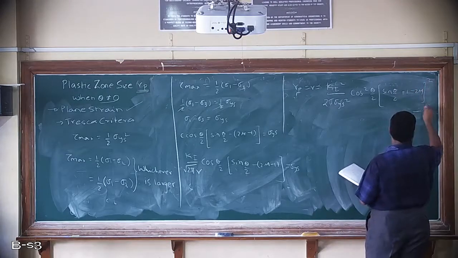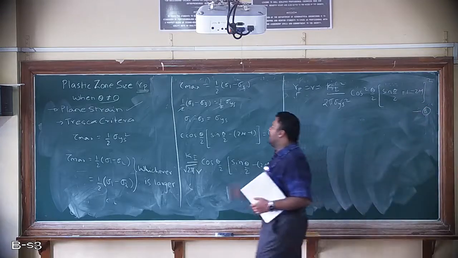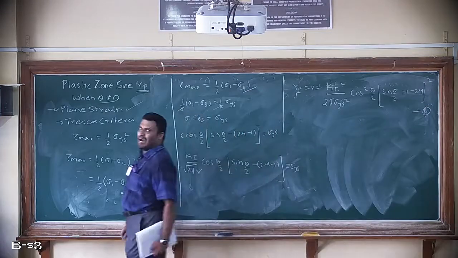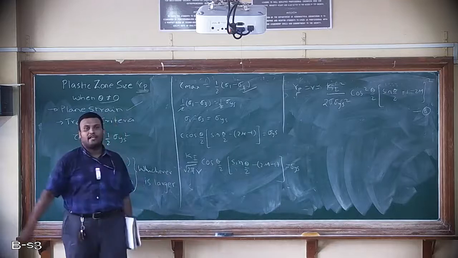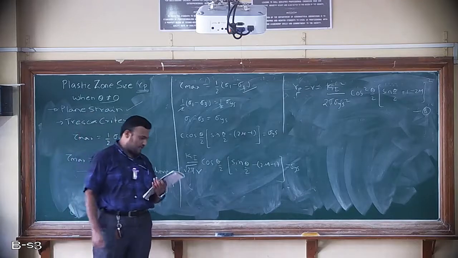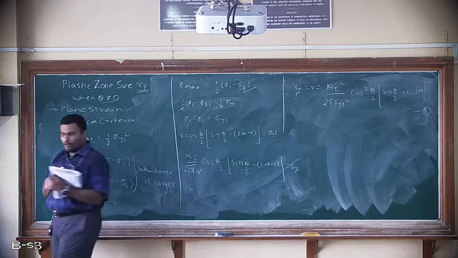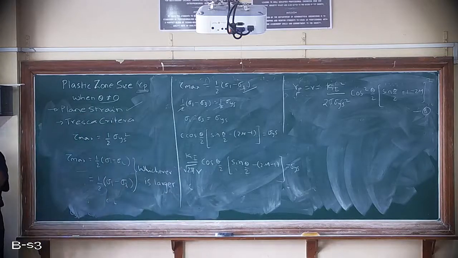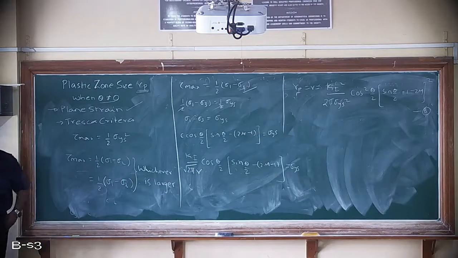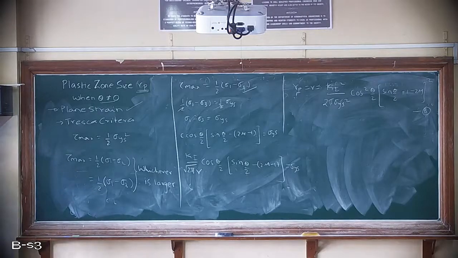So this you can take as equation B. So this will be the condition when tau max is equal to half of sigma 1 minus sigma 3, and that will be the equation for size of the plastic zone. So we have to take the size of the plastic zone Rp such that whichever is larger, either equation A or B.